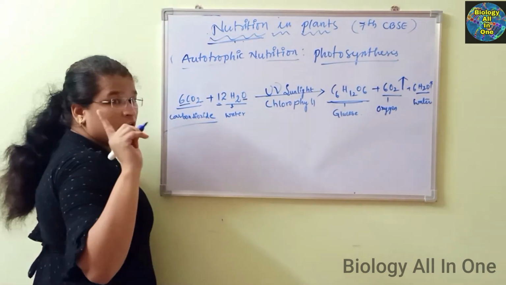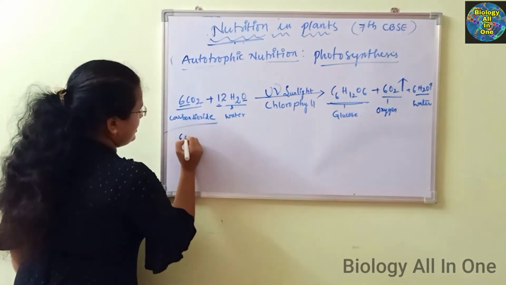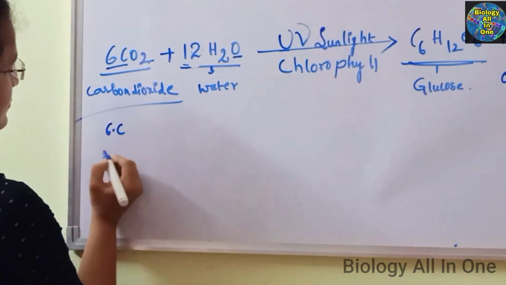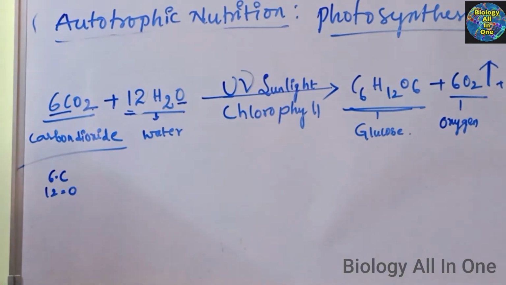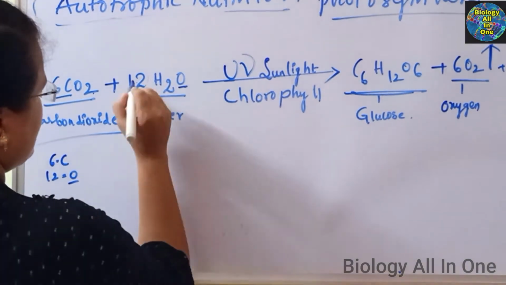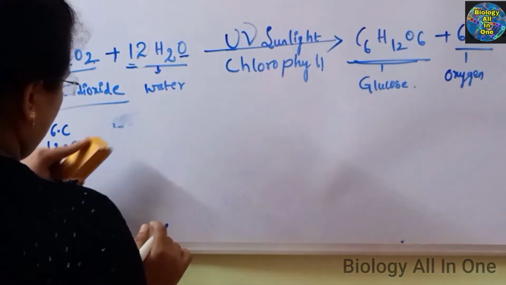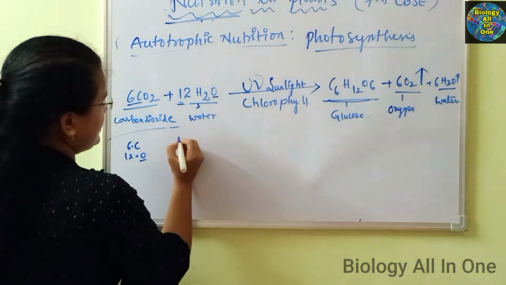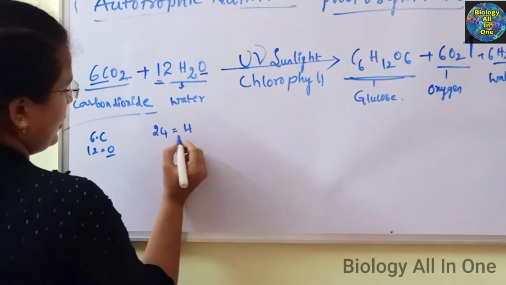Totally, I'll write it to be clear, watch here very clearly so that you can understand. Here 6 carbons are there. Next 12 oxygens are there. Here 24 hydrogens are there.